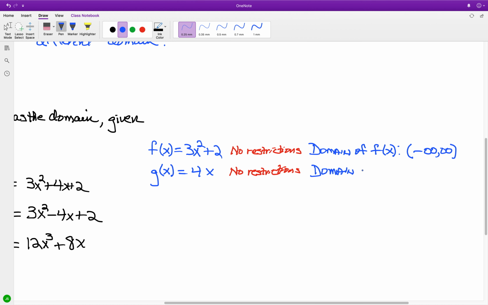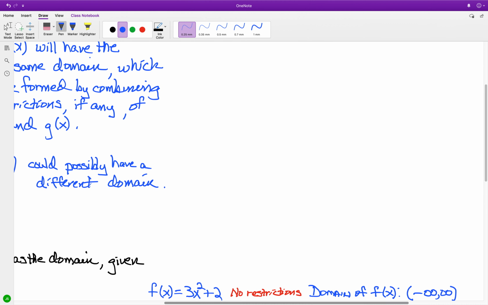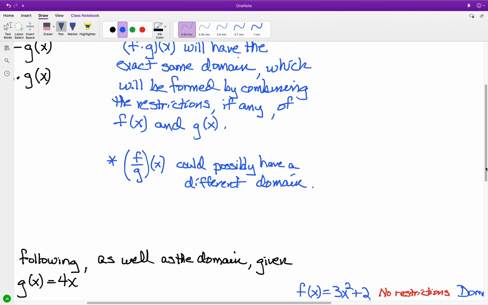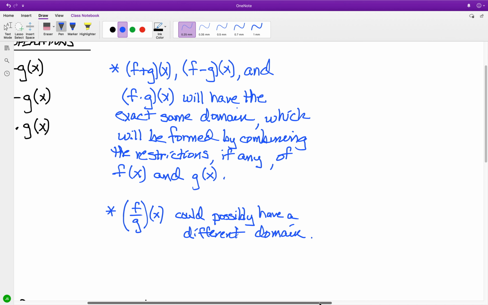Since there are no restrictions for either of these two functions, we're not going to have any restrictions for the sum, difference, and product functions. Again, just as stated earlier, the sum, difference, and product functions are going to have the exact same domain, which will be formed by combining the restrictions, if any, of f of x and g of x.